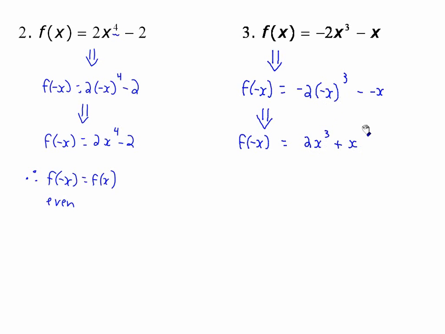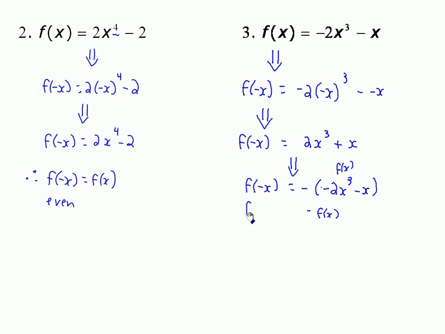So that one does not look like much of anything. However, if you consider factoring out a negative 1 from both of those terms, you'll get negative 2x cubed minus x. And in fact, this is negative f(x), because that is the original. That's what f(x) is equal to.